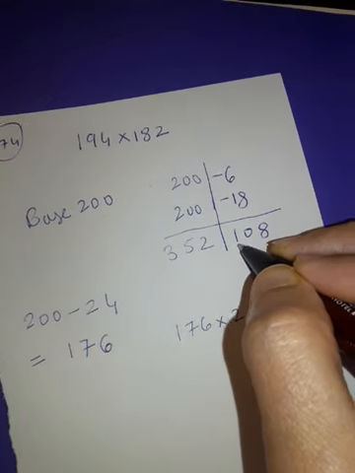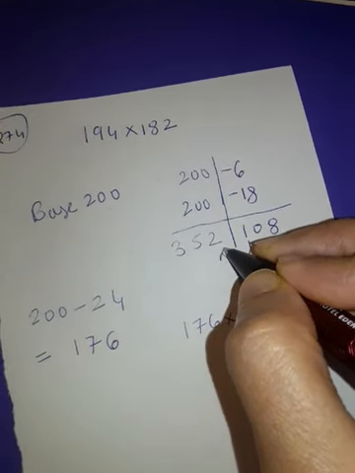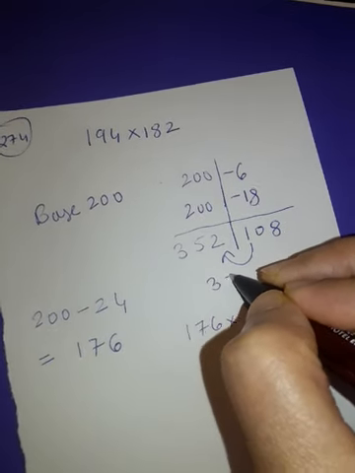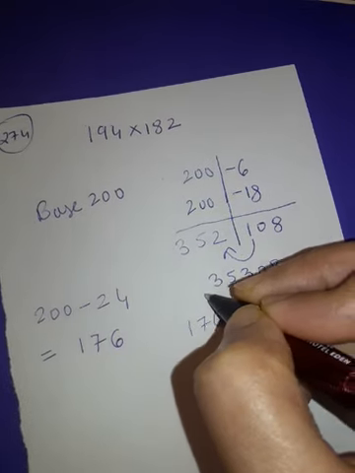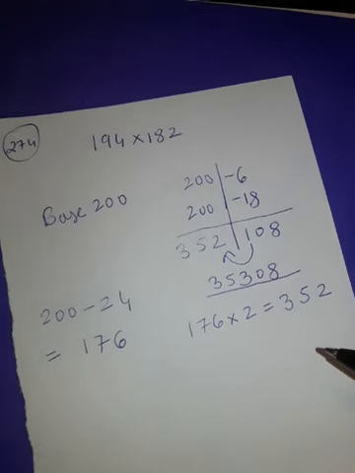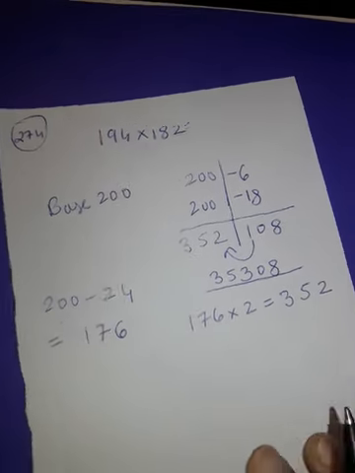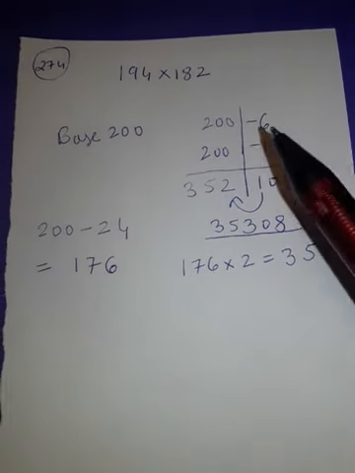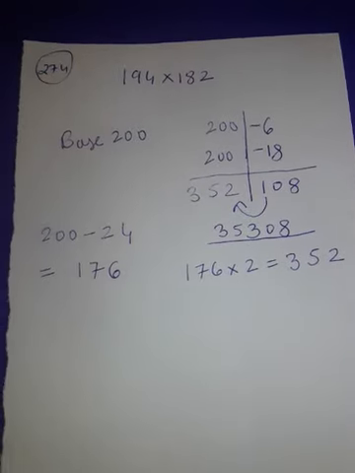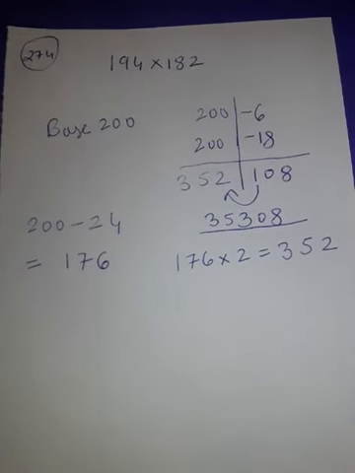Since this is a 3 digit number, I have to take the leftmost digit here. So this becomes 353 and 08 as it is. So that is my answer, 35,308. You understand this procedure, what we did with base 200? Let's see a few more examples.